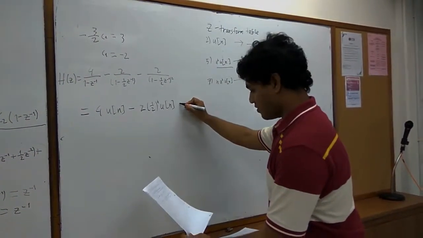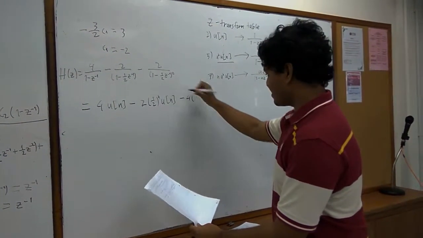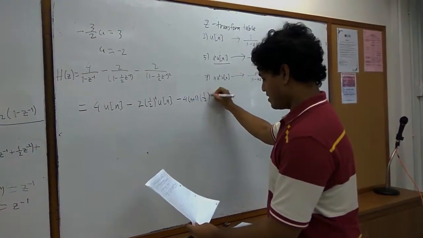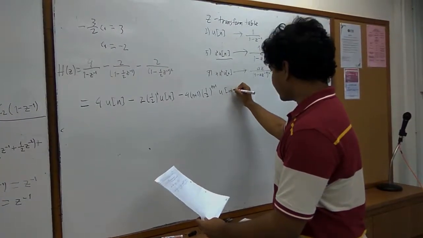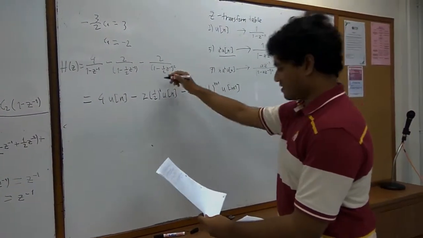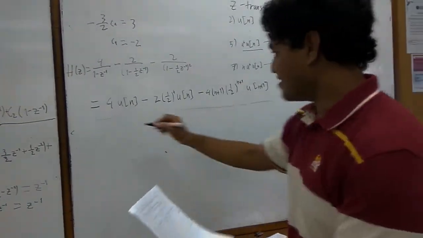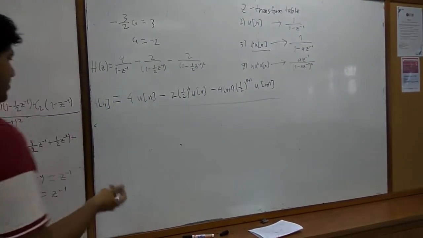If you do the calculation, you'll get 4n plus 1 half n plus 1 u n plus 1. You just need to make some adjustments, and then you'll get this. So that's it. This here is your Hn. And that's all for example 6.